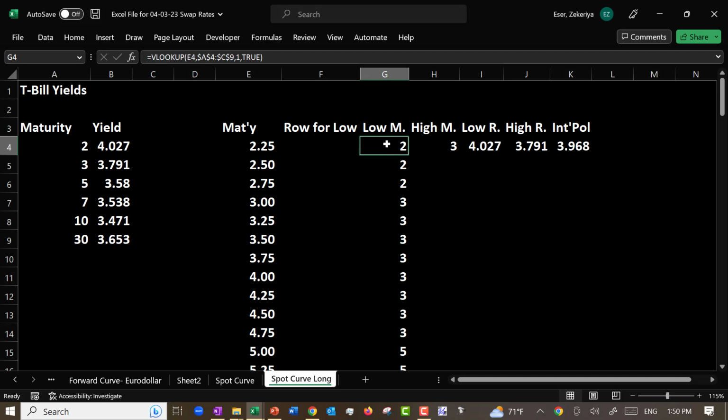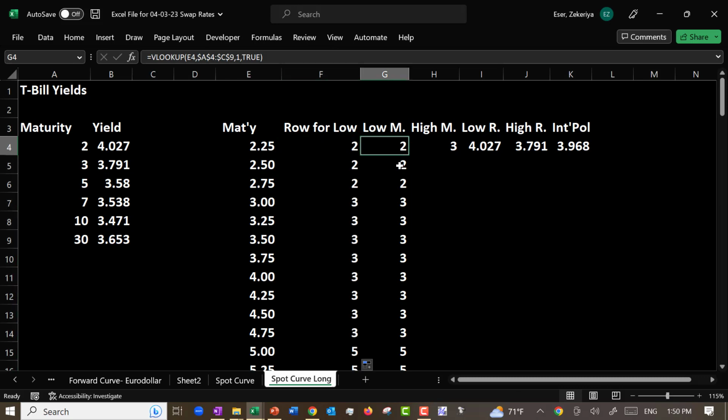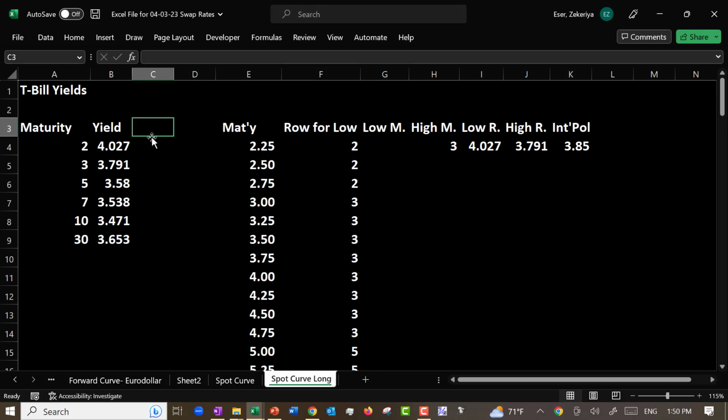Let me copy and paste it here. Or let's do this, row of this cell.